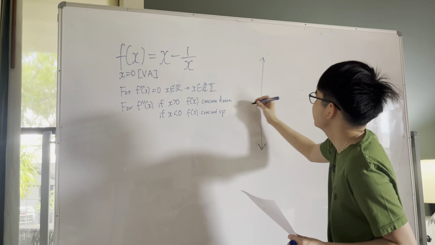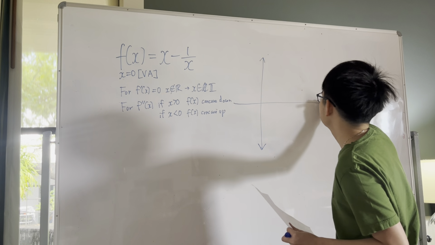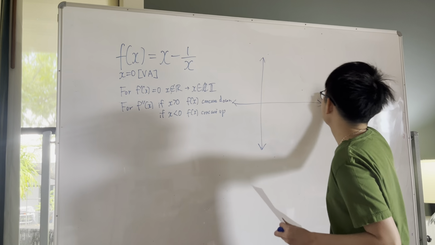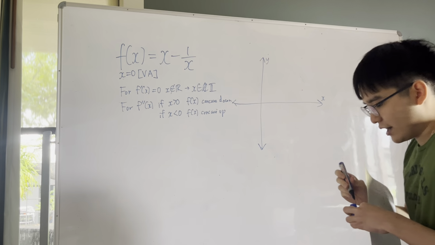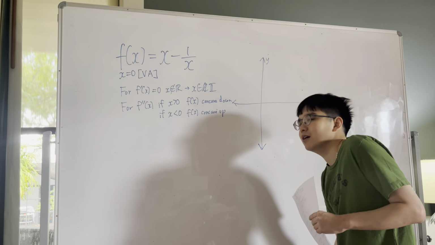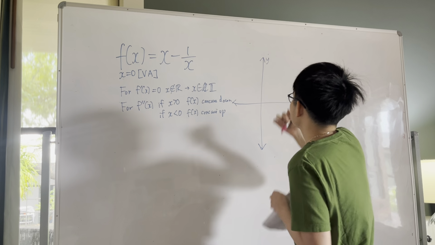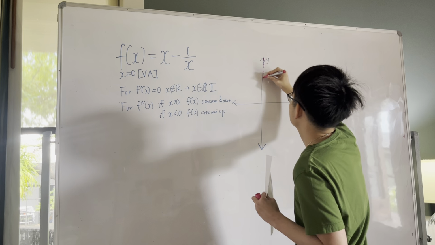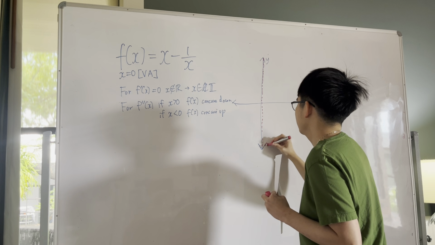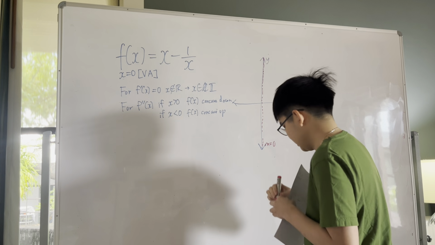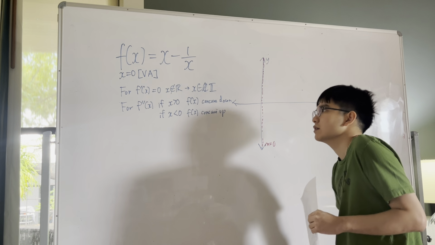Let's draw the Cartesian coordinate graph over here. This is x, this is y. We know that there's a vertical asymptote along the vertical axis, so the function can never cross through this point over here. X equals 0. And that's good with us.